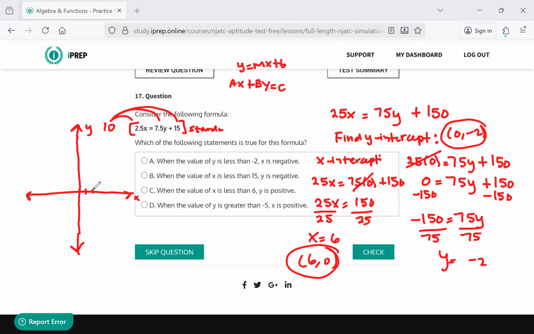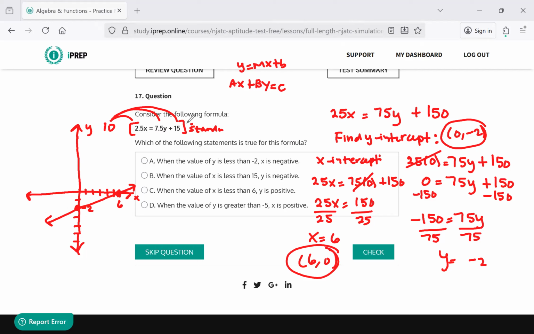So 1, 2, 3, 4, 5, 6, dot it. And then my y-intercept was (0, -2). Here's negative 2, dot it. Dot those 2 points, connect the dots, and you've got your line. So this line is the same thing as this line, right?